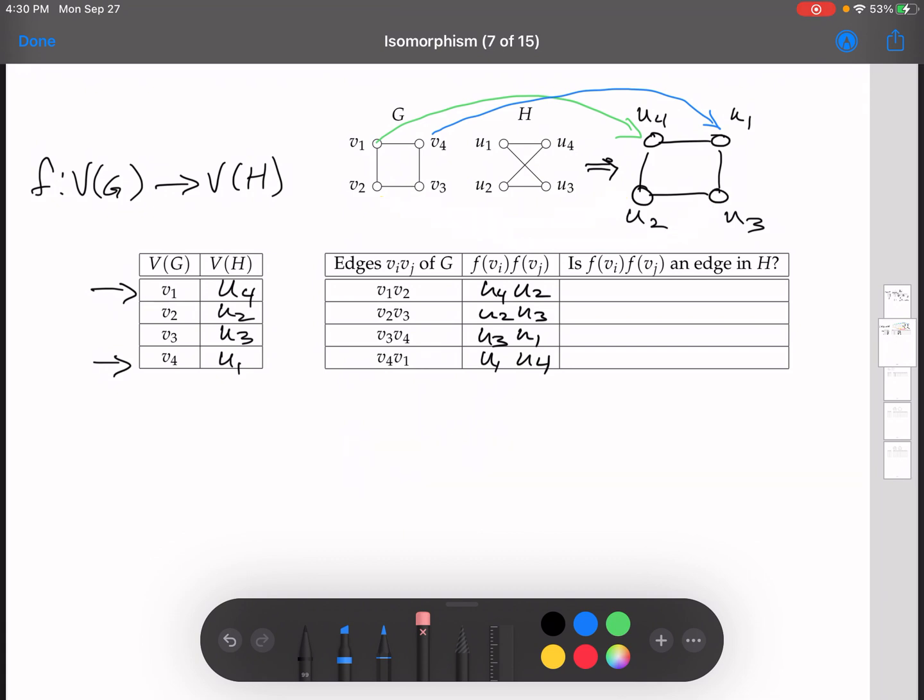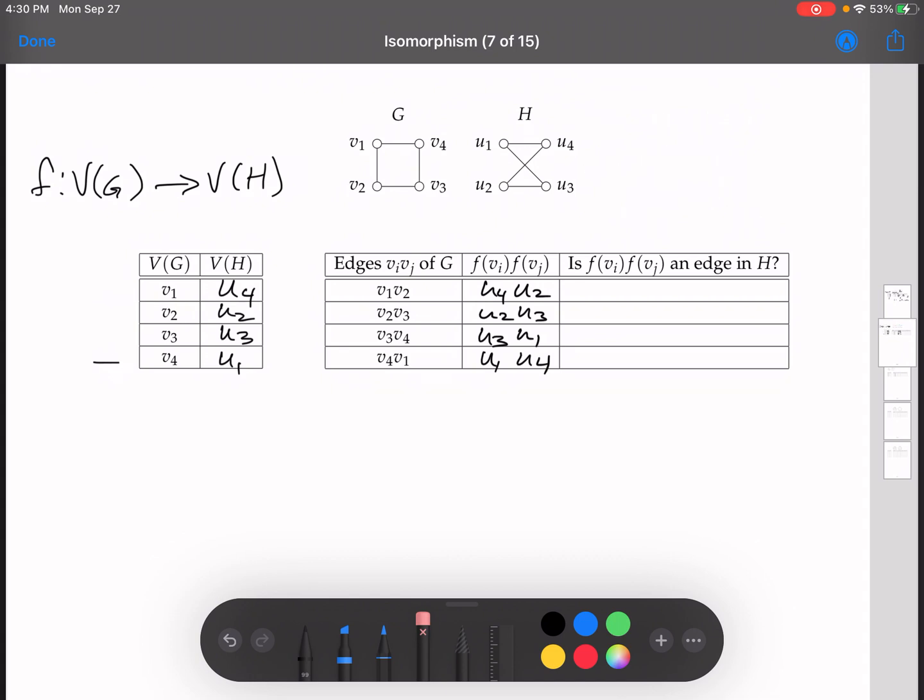Okay, so now we just want to check, are these edges in H? So U4, U2, looking at that, U4, U2. Okay, yeah, that's an edge there. Yes. Okay, now U2, U3. Is that an edge?